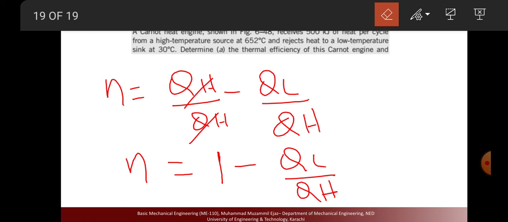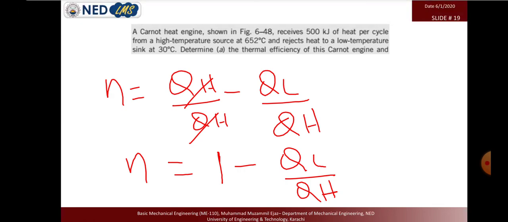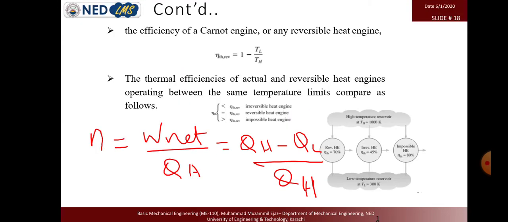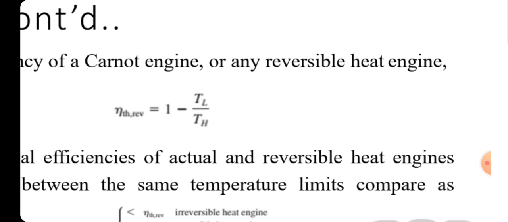To further simplify the formula, for calculating the efficiency of an ideal system, we can directly write the ratio QL upon QH in terms of temperature, like shown over here: 1 minus QL upon QH.